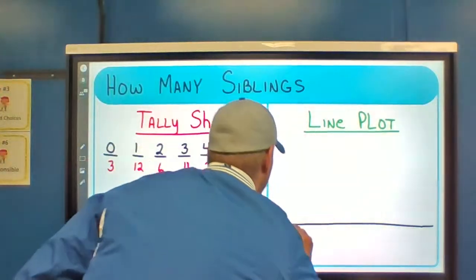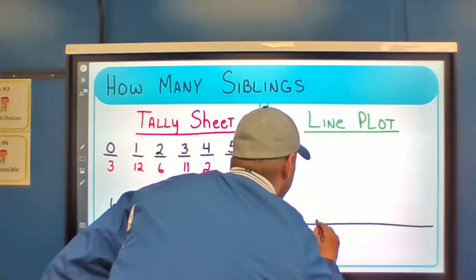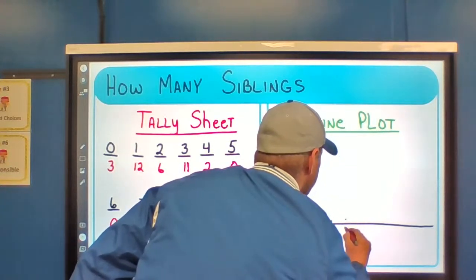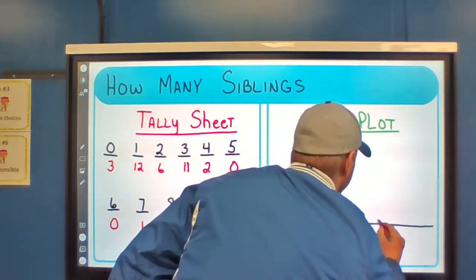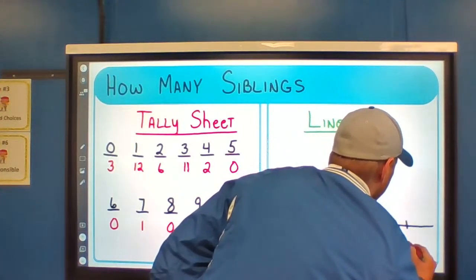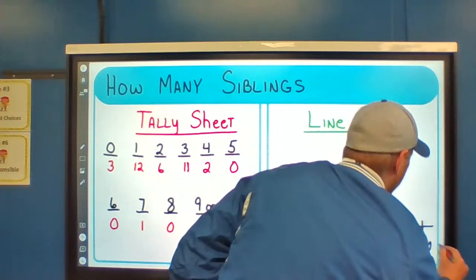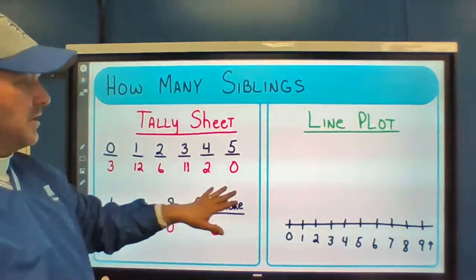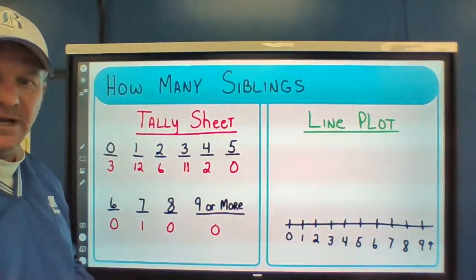So I'm going to put down here 0, 1, 2, 3 brothers or sisters, 4 brothers or sisters, 5, 6, 7, 8, and 9 or more. And that arrow means 9 or more. Okay, so there's my line plot that represents all the different categories that you answered on.